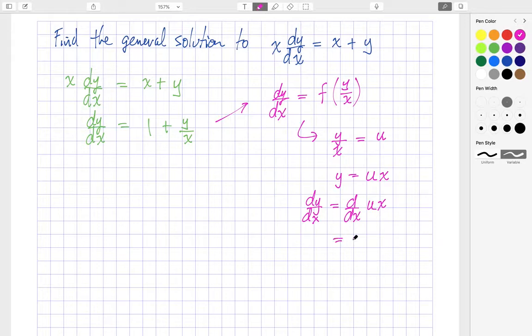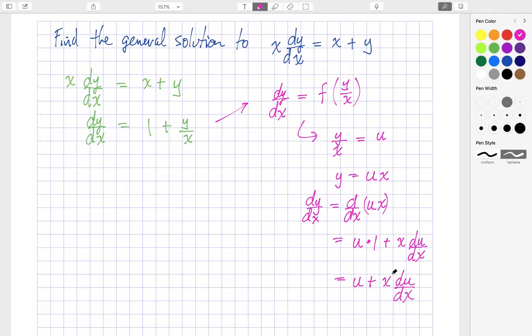Well, using the product rule, that would be u times 1 plus x du by dx, or simply u plus x du by dx.